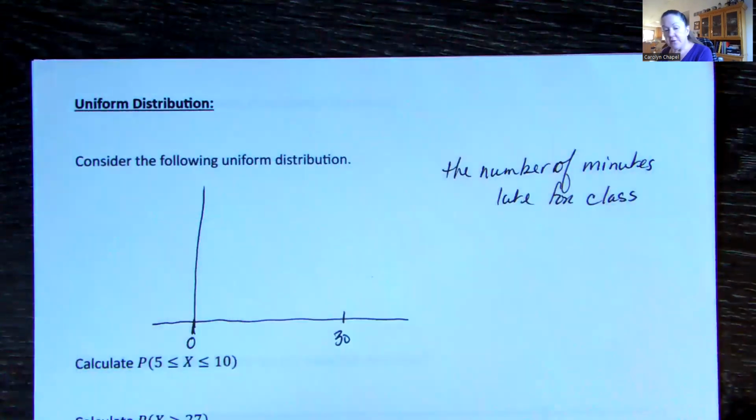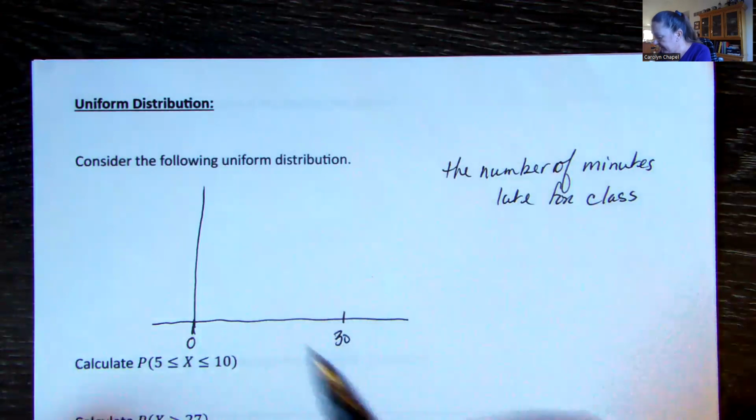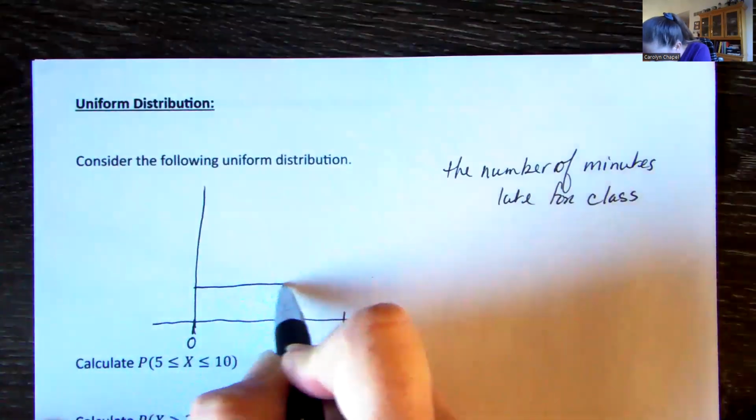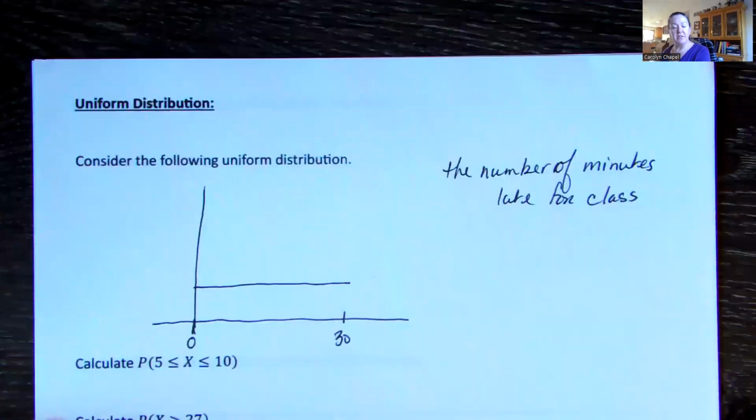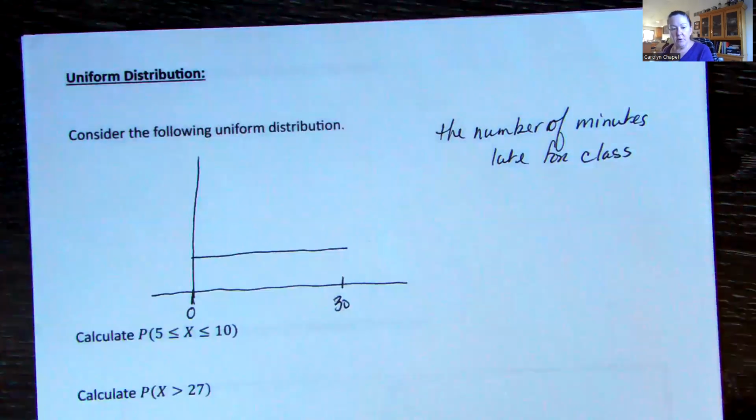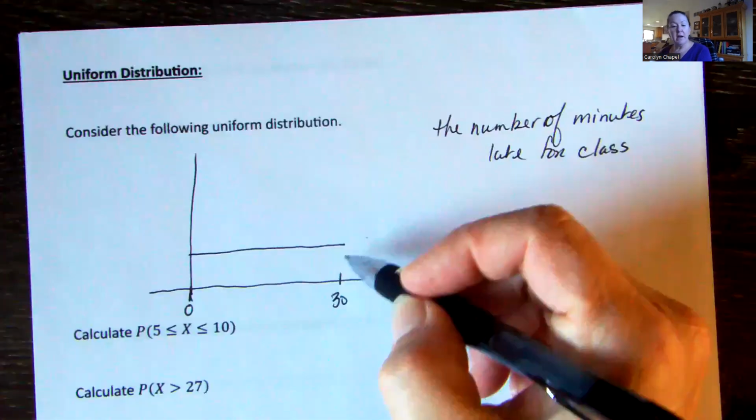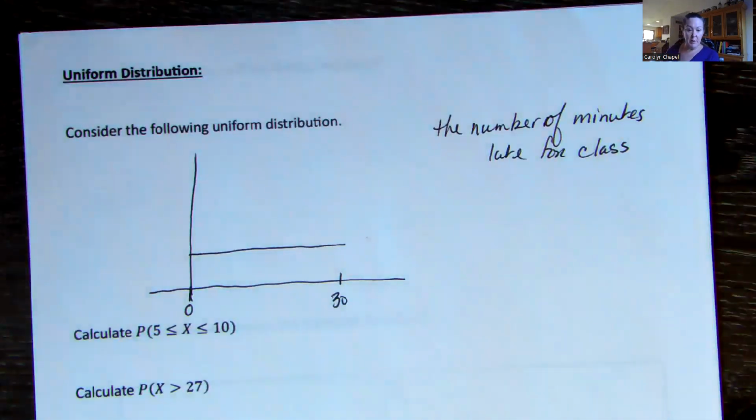Since the area under this curve, uniform, remember, is flat. So this is going to be flat for this region here. Every place else it's 0, so it is above 0. But for this to be a probability distribution, the area under the entire curve has to be 1.